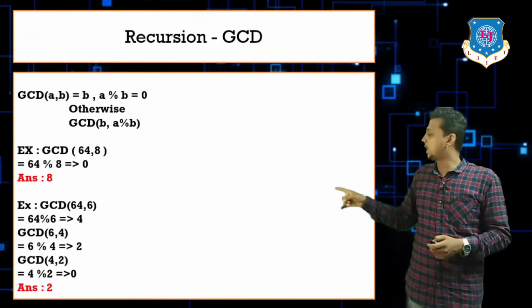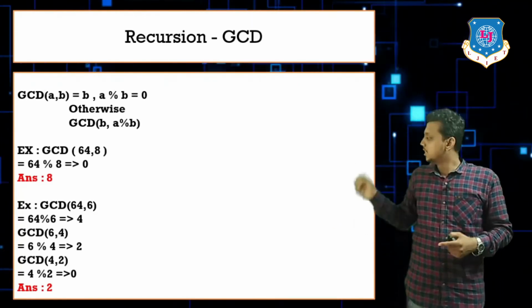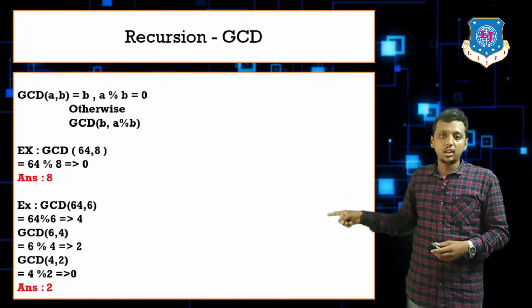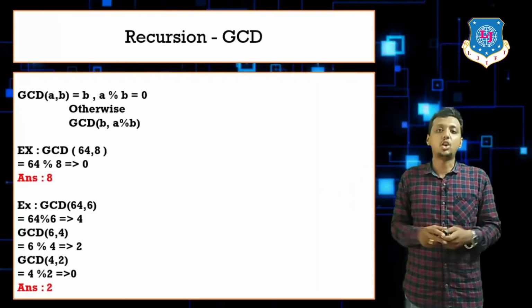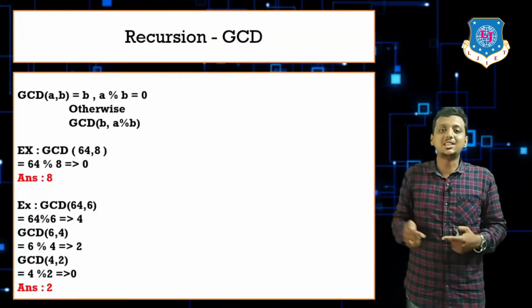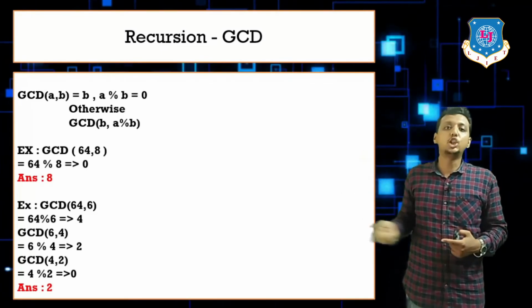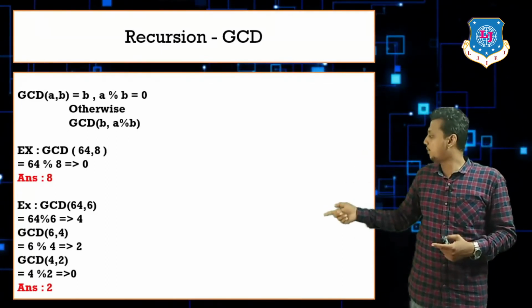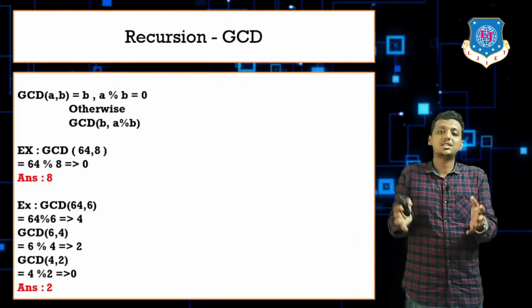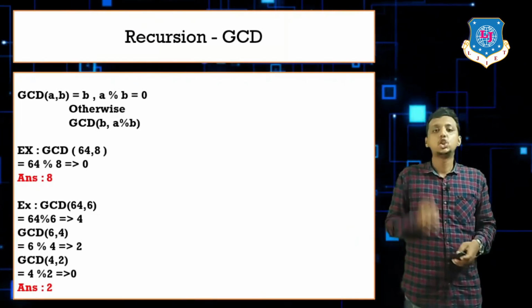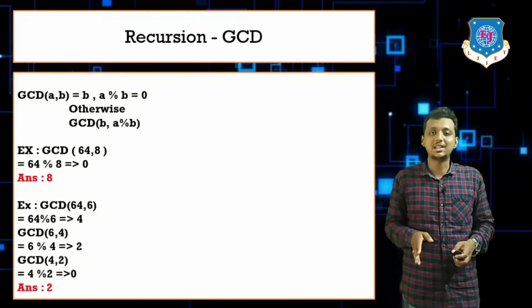So I need to calculate GCD again: GCD of 6 comma 4 returns 2. Again it's not 0, so we calculate GCD with the previous b and the new remainder, that is GCD of 4 comma 2. GCD of 4 comma 2 returns 0. That's why the GCD of 64 and 6 is 2.